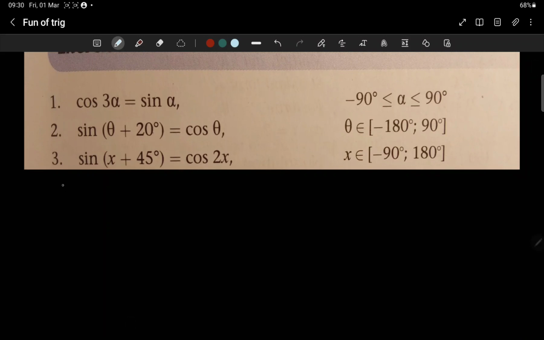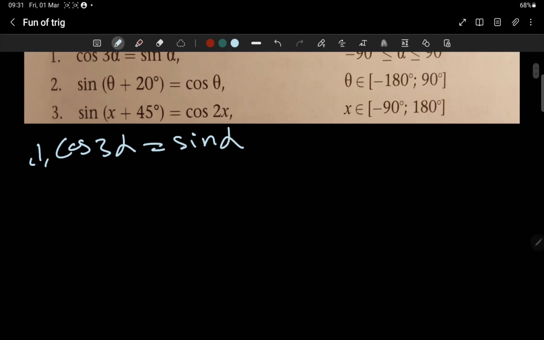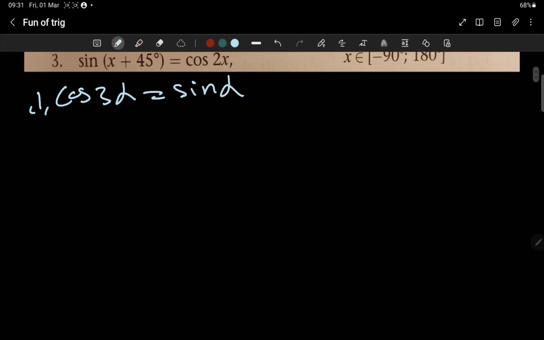This is still easy. So what you do here, say cos 3 alpha, number one, by the way, equals sine alpha. Before we do, let me remind you of something. There's a little bit of a trick which you must put in your head or on your thumb rule.